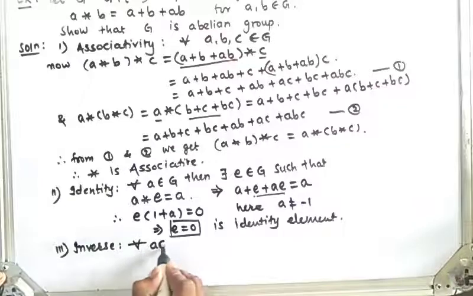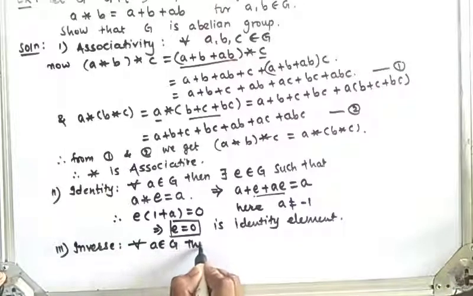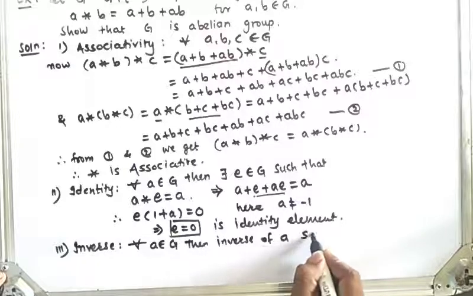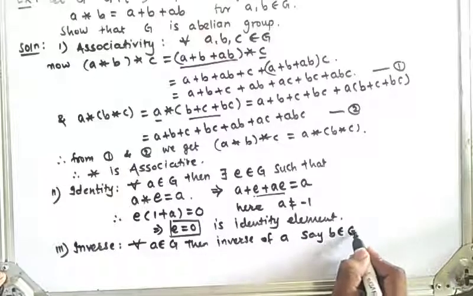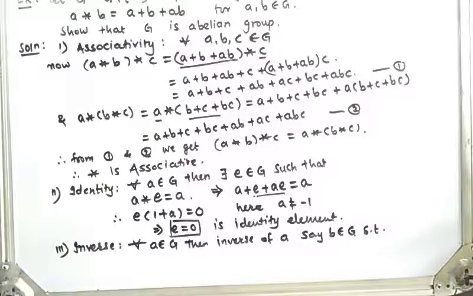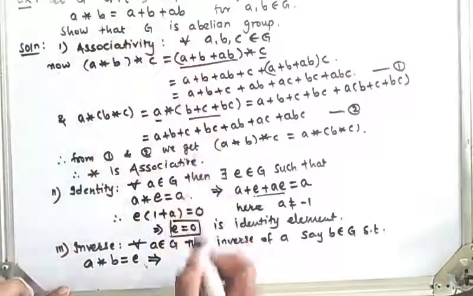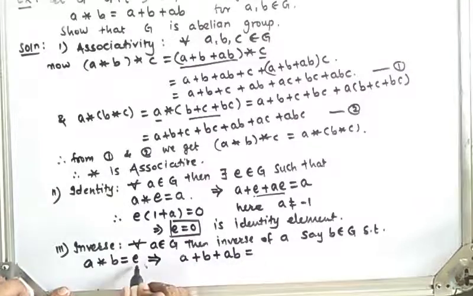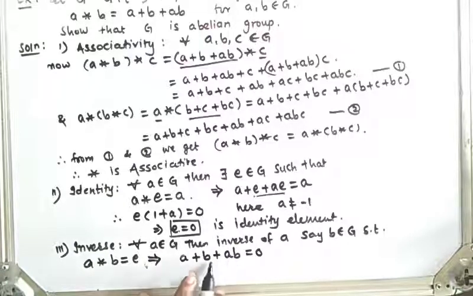For all A belongs to G, there exists an inverse of A, say B, again belonging to G, such that A star B is equal to identity. A star B is defined by A plus B plus AB. So A plus B plus A into B is equal to, what is the value of identity? Identity is 0. So I will solve it for B.